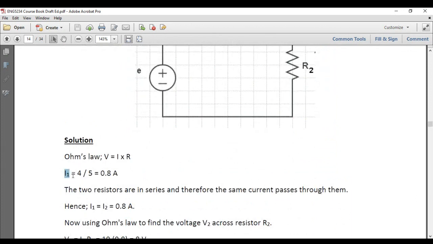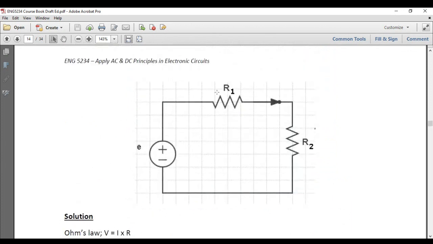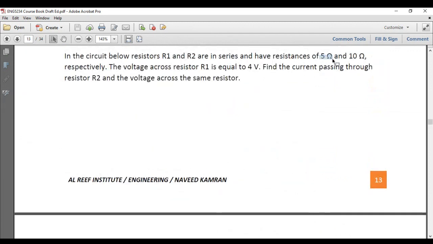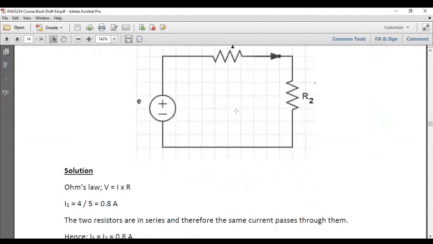Why are we finding I1? Because we have maximum information about this resistor, R1. We have its value and we have the voltage on this resistor. 5 ohms is given and the voltage on R1 is 4 volts.